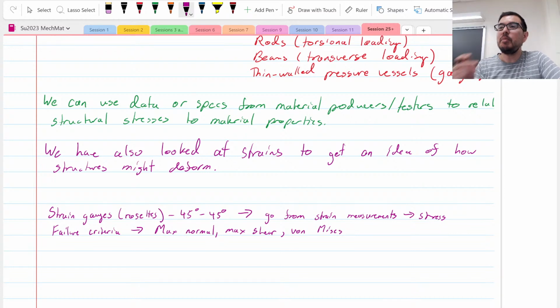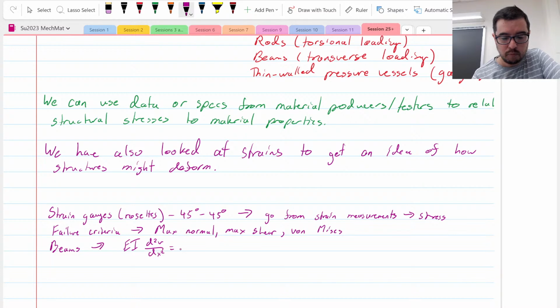The next topic is beams, right? So the beams, I think it's pretty important to know how to do the integration. So we need to know that EI equation, we need to know the derivatives of that.